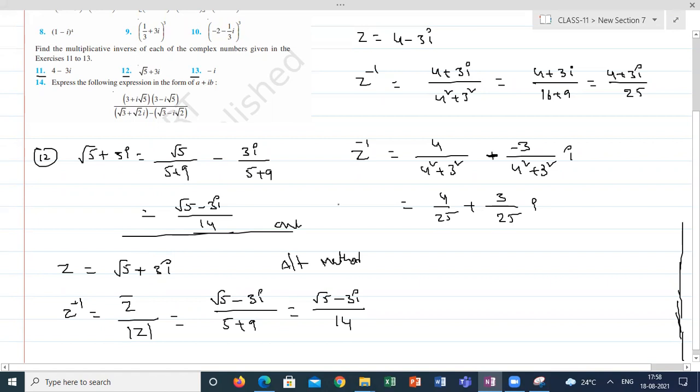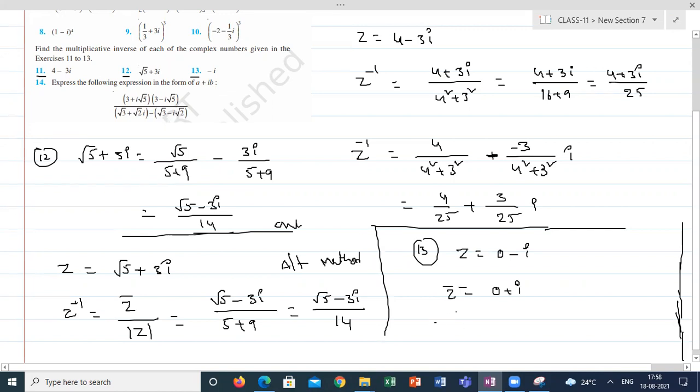It's your wish. Same if I want to write for the 13th question: first convert it into a plus ib form. Z is equal to 0 minus i. Its conjugate is 0 plus i. Inverse is conjugate divided by modulus. Then it will be 0 plus i divided by 0 plus 1.